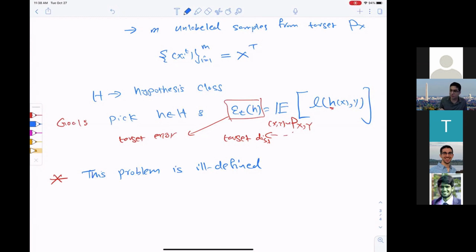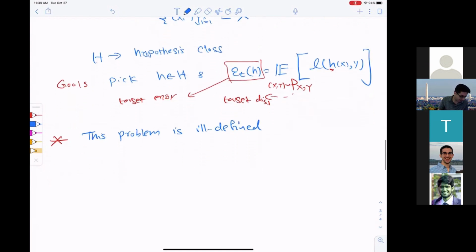So in other words, we need to have some assumptions in order to have a well-defined problem. So what are the practical assumptions? I'm just going to call them practical assumptions because I haven't talked about the theory of this problem so far.